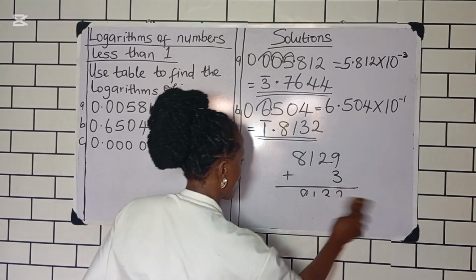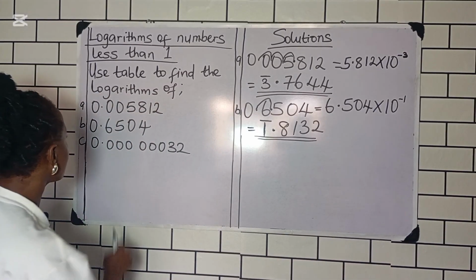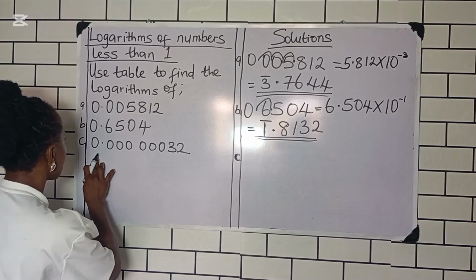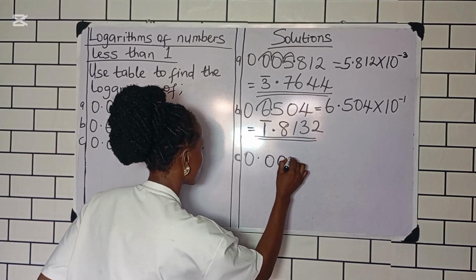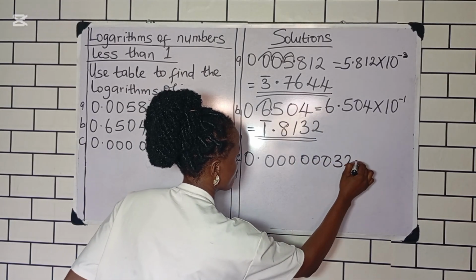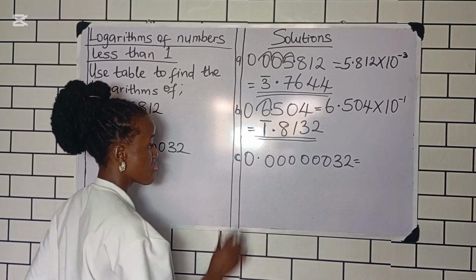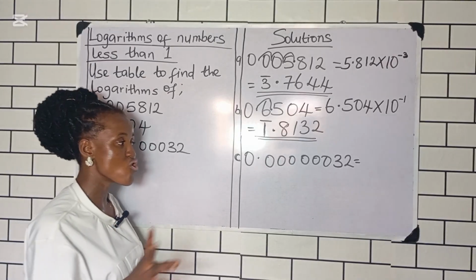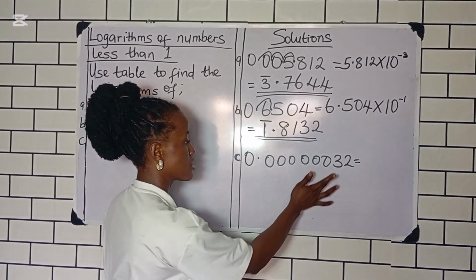Now moving over to the third question, which is the last question we have under this subtopic. We have 0.000000032. Now writing this in standard form, remember you have to place your decimal point immediately after your first non-zero digit, and our first non-zero digit here is 3.